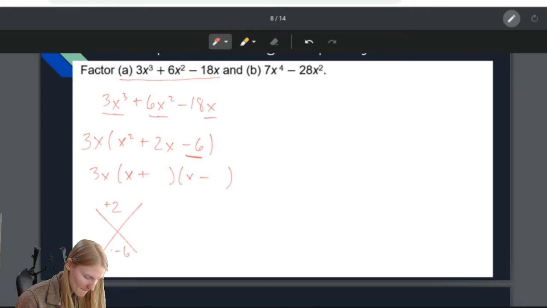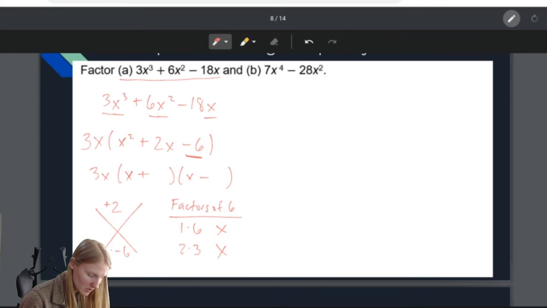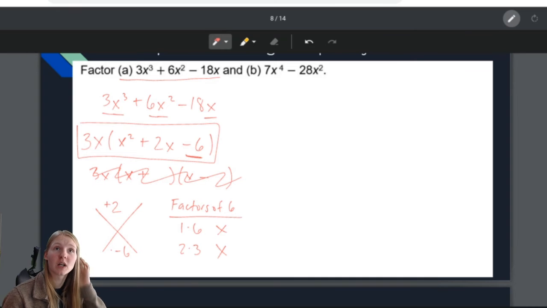Factors of 6: we have 1 and 6, but that can't add to 2. That'll either get us 5 or 7. So that doesn't work. And then we just have 2 and 3, and that gives us 5 or 1, so that doesn't work either. So, just kidding. This is our final factored form, because we can't factor it any more than that.